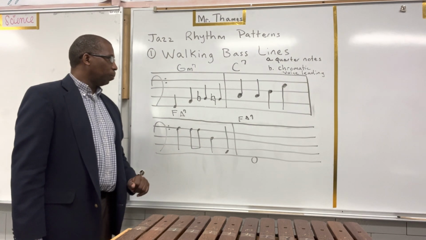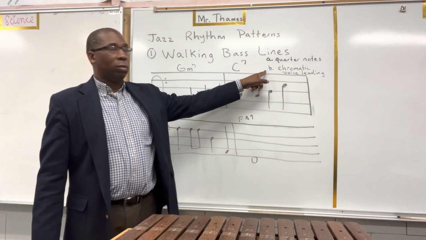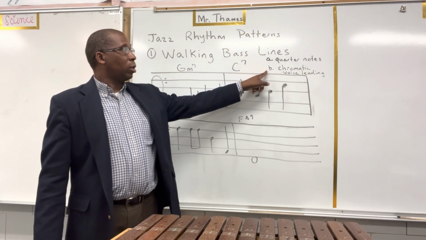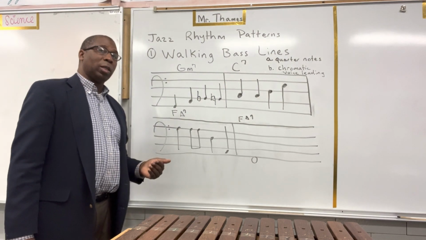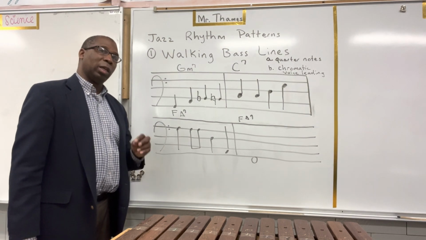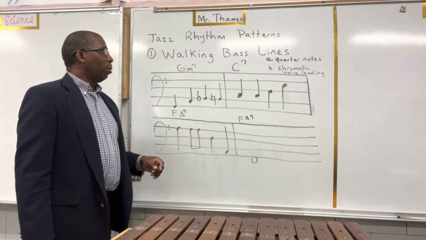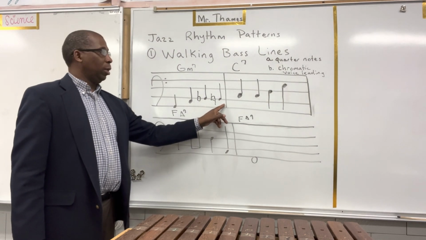Okay, here is the second thing I wanted you to know that you should teach your students, is that in the walking bass line, you have chromatic voice leading. It can also be diatonic, but the reason I say chromatic is because it gives movement to the line. So pay attention to these 2 notes right here. We have a B flat and a B natural.